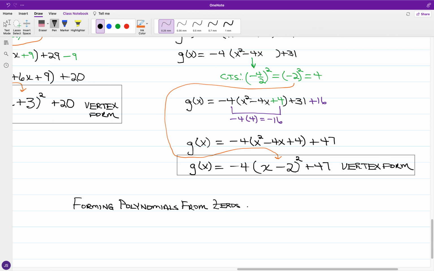So I have forming polynomials from zeros and multiplicities.